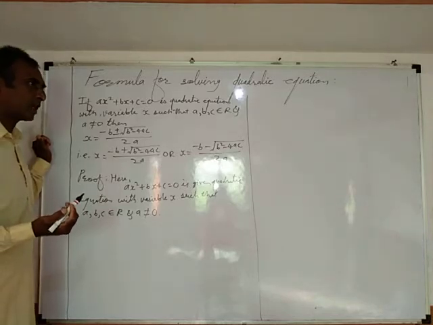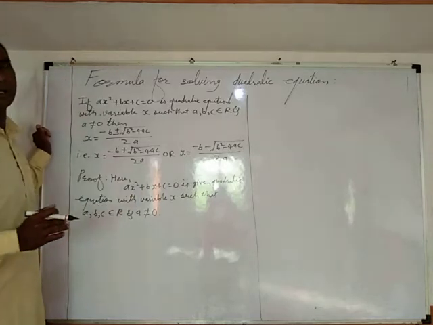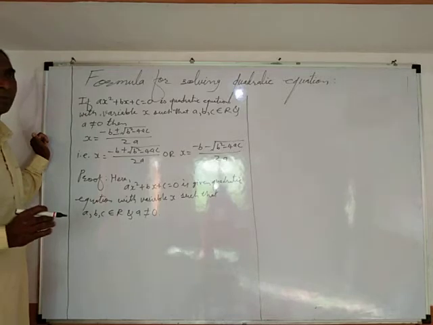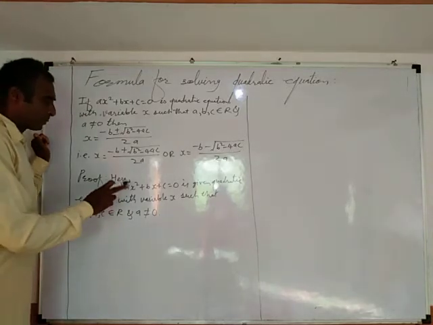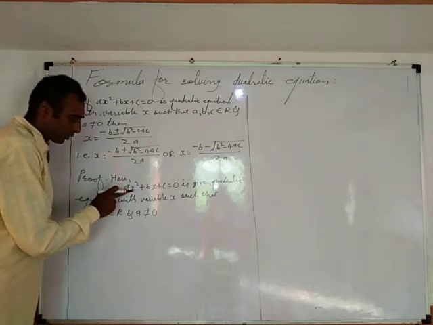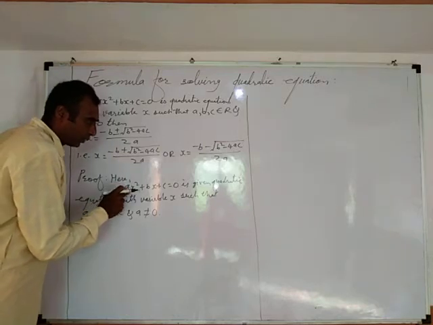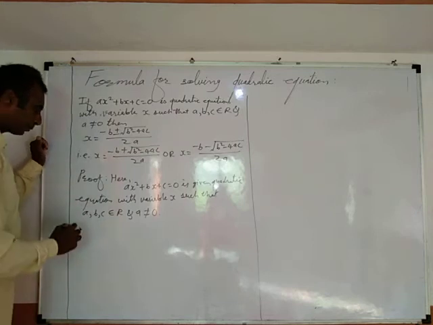Okay, that's why let us suppose we are going to apply the method of completing the square, and we know that in the method of completing the square the coefficient of the quadratic term must be 1, but here instead of 1 it is a. To remove that a, we need to divide this equation by a.